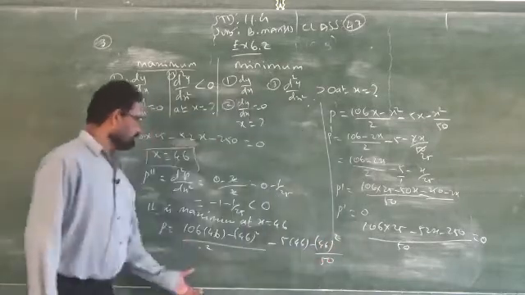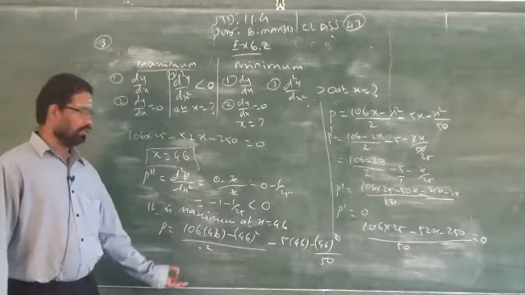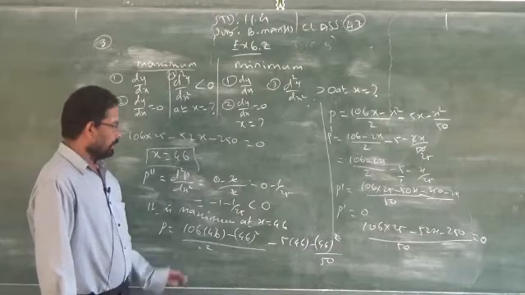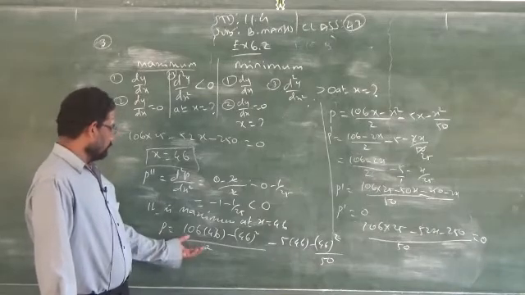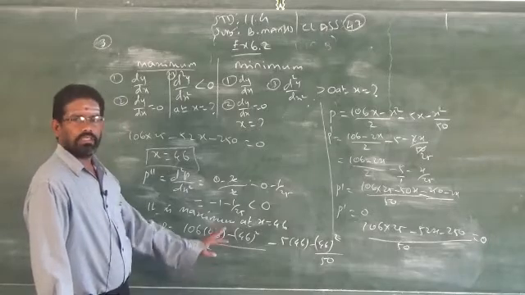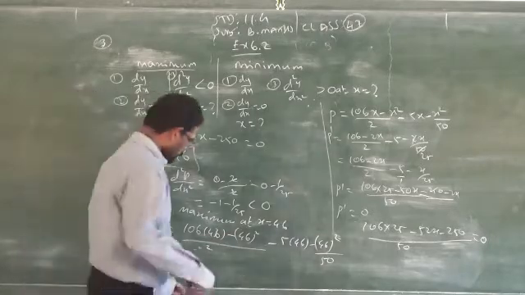So just simplify and write down the answer. You are allowed to use a calculator. Please use the calculator and simplify. Clear? So don't ask me, sir, how do you get this answer? This is only simple calculation. Use the calculator and simplify, you will get the answer. Clear?